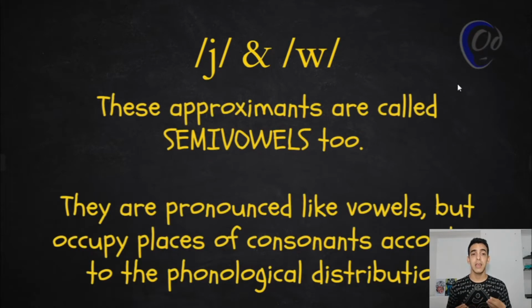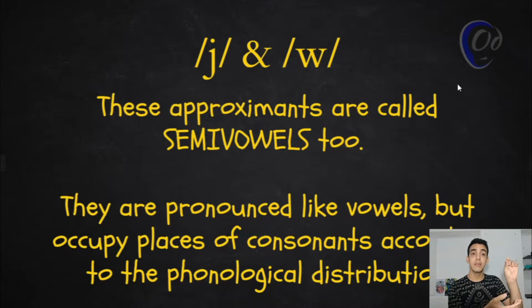Why? Because they are perceived as vowels. We hear vowels when we pronounce them. We pronounce them as vowel sounds. But according to, remember phonology, the organization of sounds, according to this organization, they are distributed in the places of consonants.